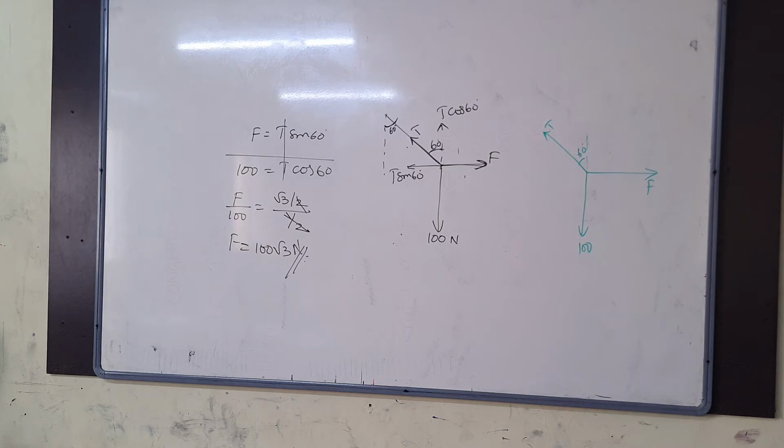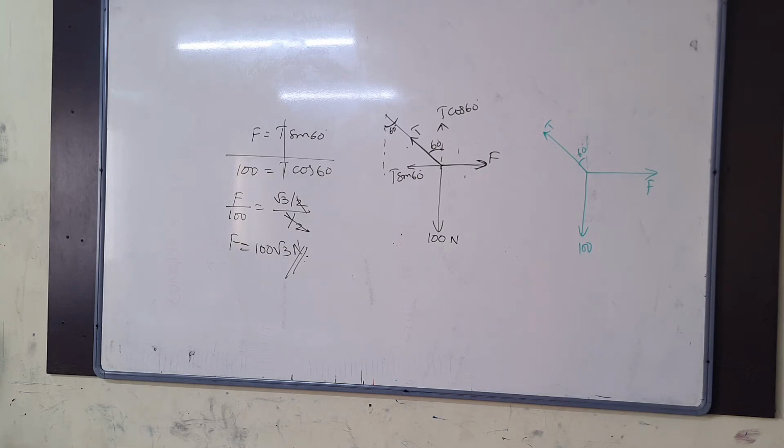So T equals F by root 3 by 2. Then F equals T into root 3 by 2. Then T is 200, so 200 into root 3 by 2. Understand correctly? So you cannot cancel this directly like this. We have to equate these two and then these two. Understand, right? Rajul, want the answer?